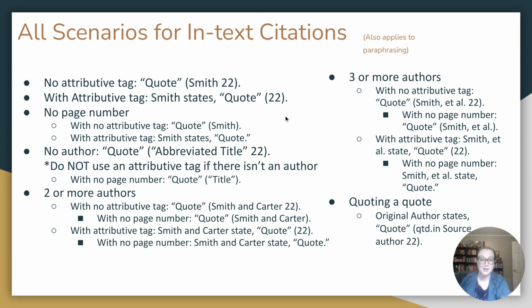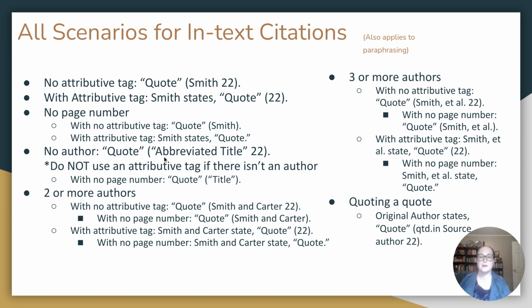If you don't have a page number, then if you're using just the parenthetical, no attributive tag, then you just put the author's last name, okay? And then in the parenthetical at the end. If you do use an attributive tag and you say Smith states and you put the quote or the paraphrase, and there's no page number, then you don't need to have a parenthetical at the end, okay?